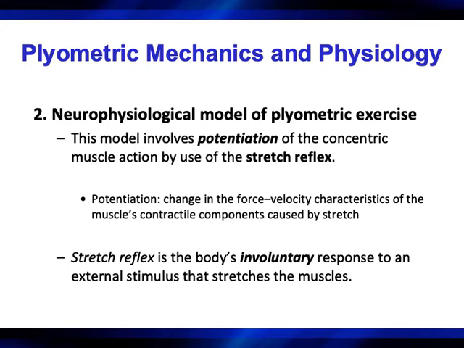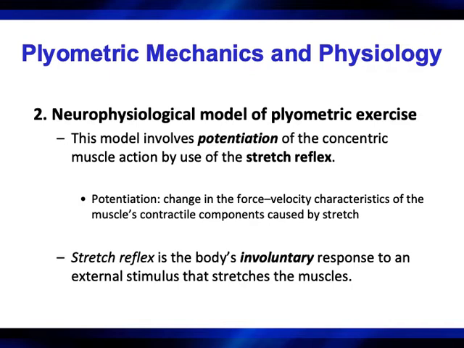Now let's discuss the second proposed mechanism underpinning plyometric training, and this is the neurophysiological model of plyometric exercise. And this involves potentiation of the eccentric muscle action by use of the stretch reflex. So potentiation, remember, is the change in the force velocity characteristics of the muscle's contractile components caused by a stretch. Okay, the key here is that you need a stretch to cause a reflex.